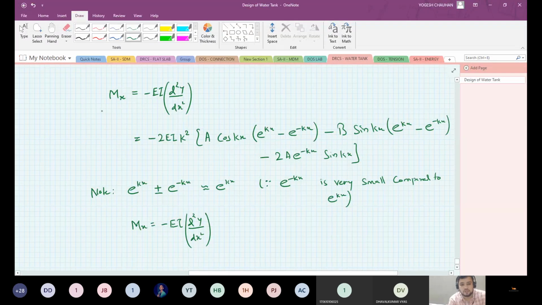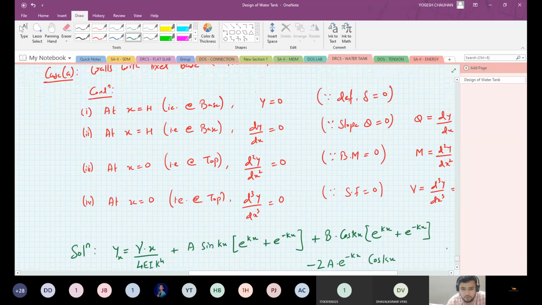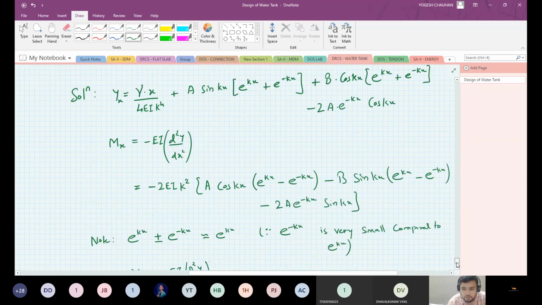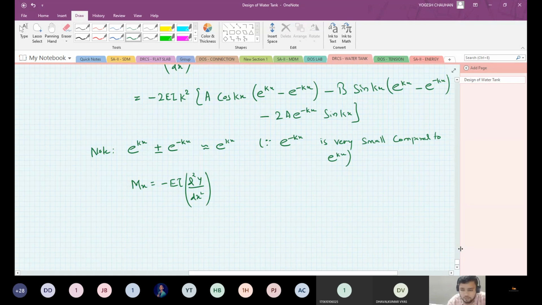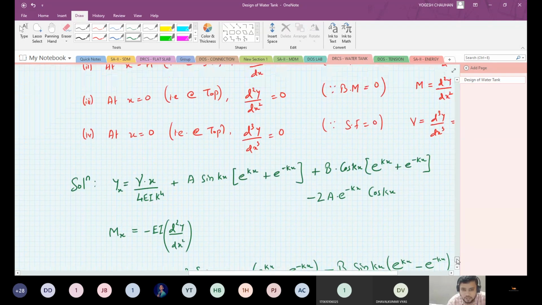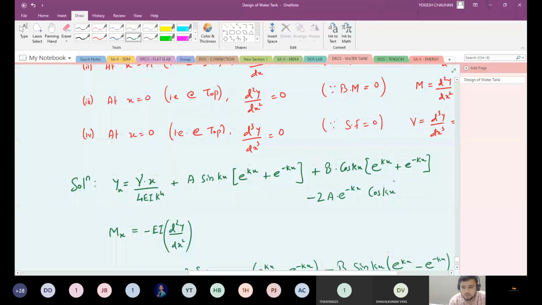So this is the expression for the moment. You equate this moment equal to 0 and put the value of x equals 0, you will get one expression. Same way, you differentiate this moment expression one more time, then you will get the shear force, and you equate this shear force expression to 0 and substitute x equal to 0, you will get another expression.